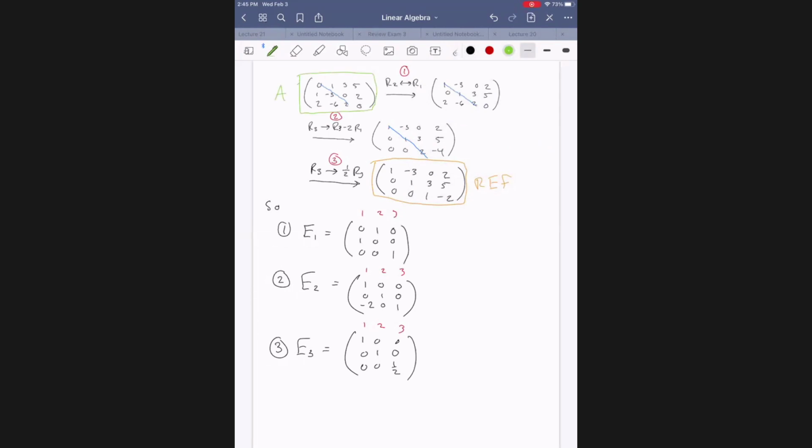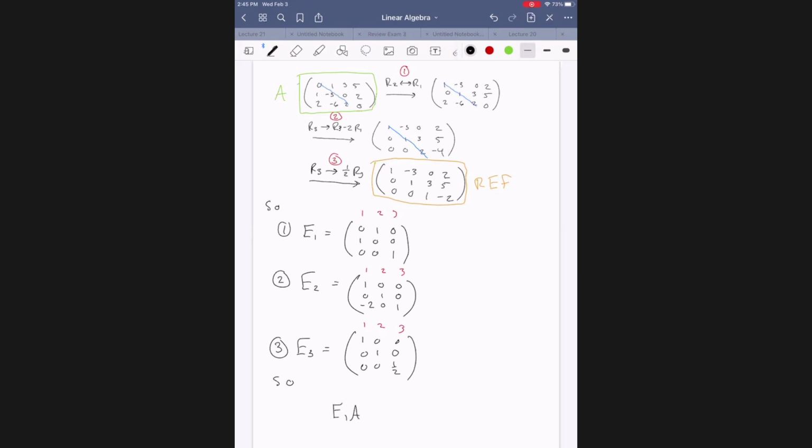So now let's express this matrix that I have in orange as a product of E1, E2, E3, and A as follows. So what is the first thing I did? I took A and I performed E1 first.